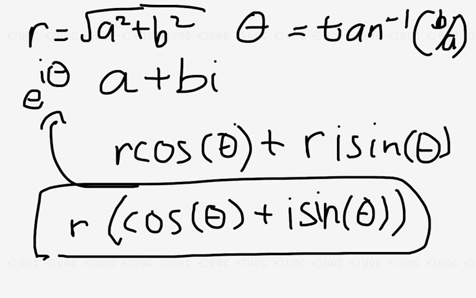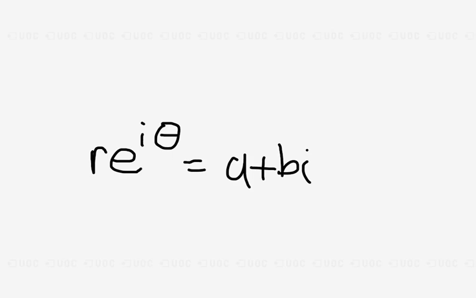Just so that you know, e to the i theta is cosine theta plus i sine theta. So we have r e to the i theta. This is a+bi. Don't forget what r and theta are; we'll substitute them in later.